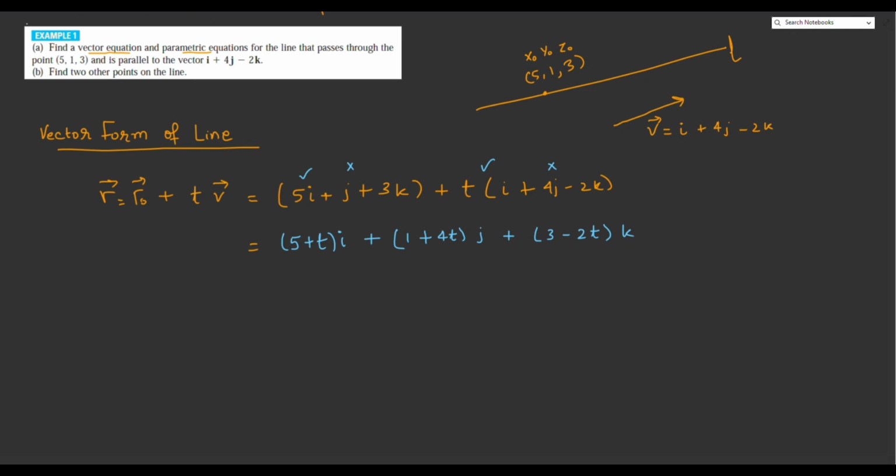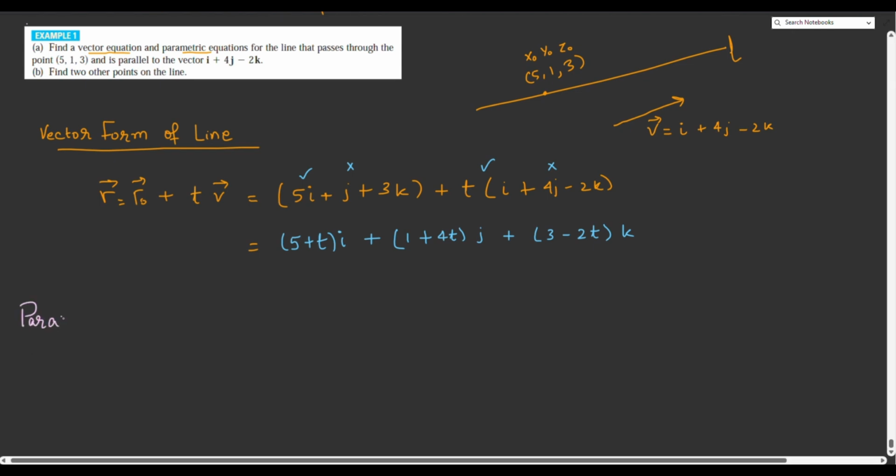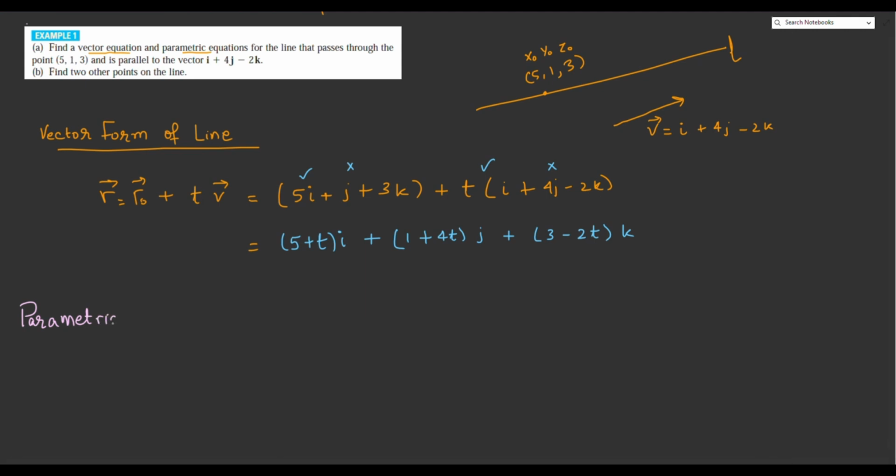The next thing is that we need to find the parametric equation, or the parametric form of the line, and we know that it is given by x = x0 + at, y = y0 + bt, z = z0 + ct. Remember, here we have 1, so this is your a, this 4 is your b, and c equals -2.